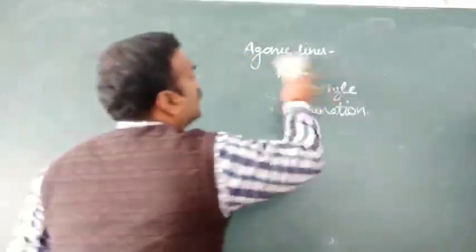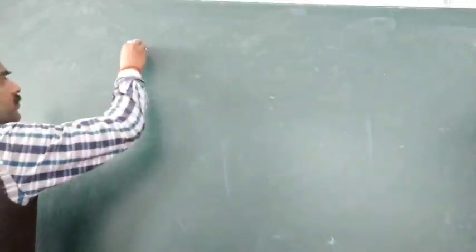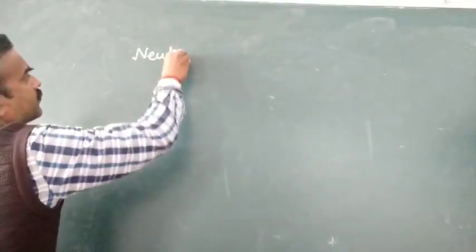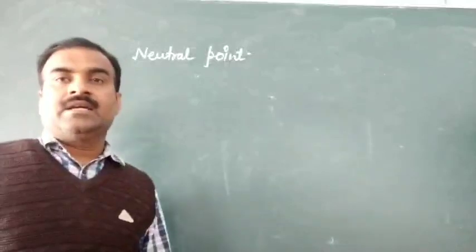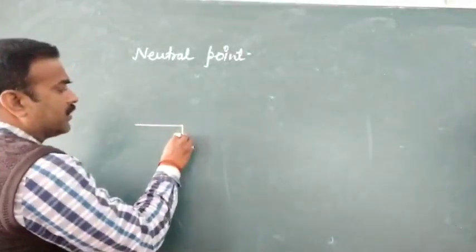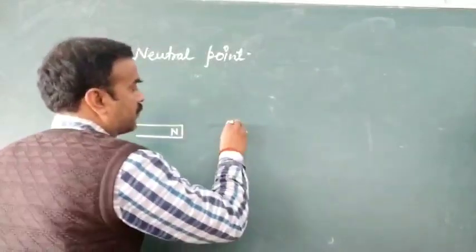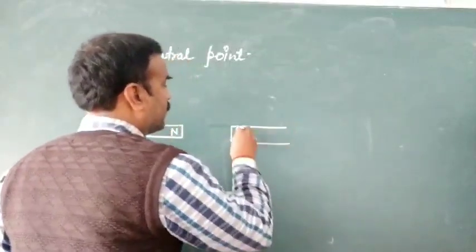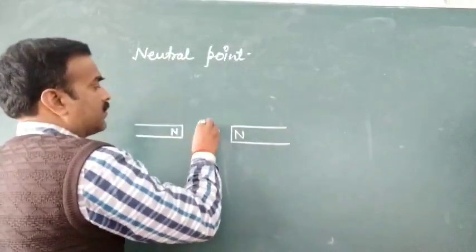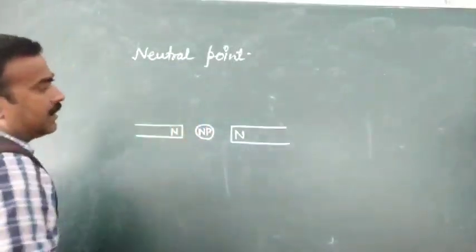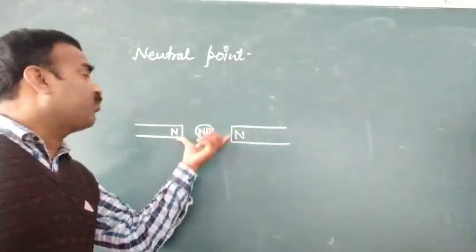Now, how can we define a neutral point? There are two poles given, same poles.